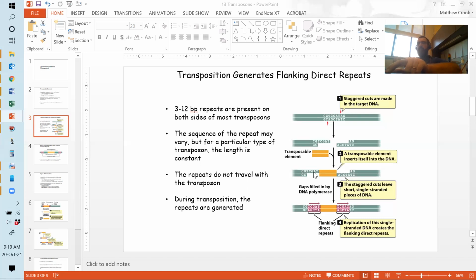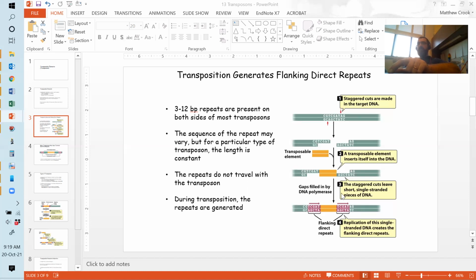Right, so one of the overhangs is stuck using the transposase to one end of one strand of the transposon, and the same for the other strand. Now, what this means is that there's going to be two small stretches of single-stranded DNA, right? And essentially what happens is that these get filled in by DNA polymerase that's involved in DNA repair.